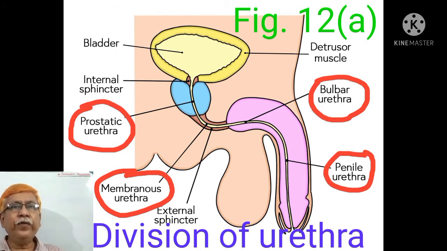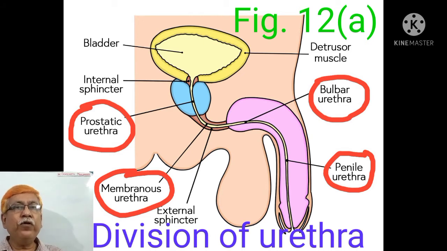The male urethra is a fibromuscular tube that connects the urinary bladder to the urinary orifice or urinary meatus for the removal of urine as well as semen. The male urethra is divided into two parts: posterior urethra and anterior urethra.